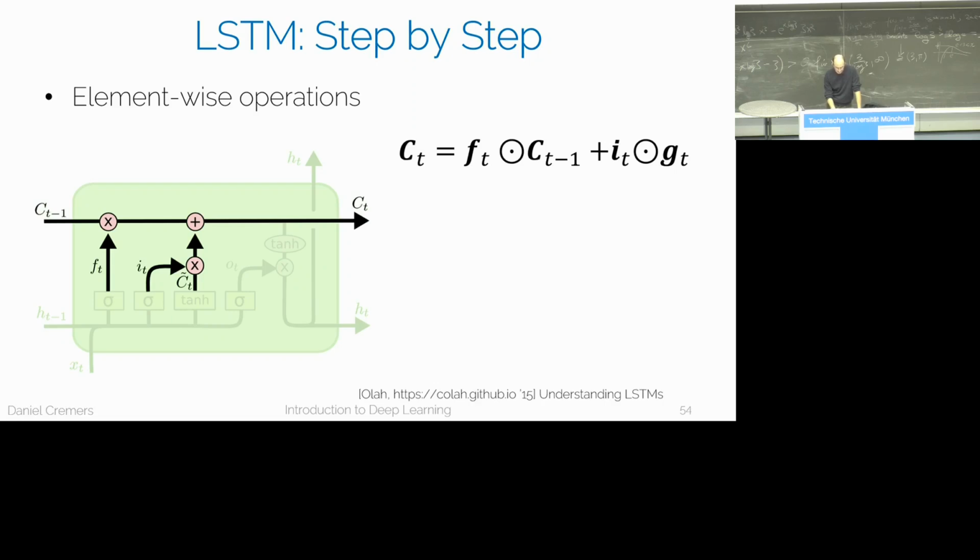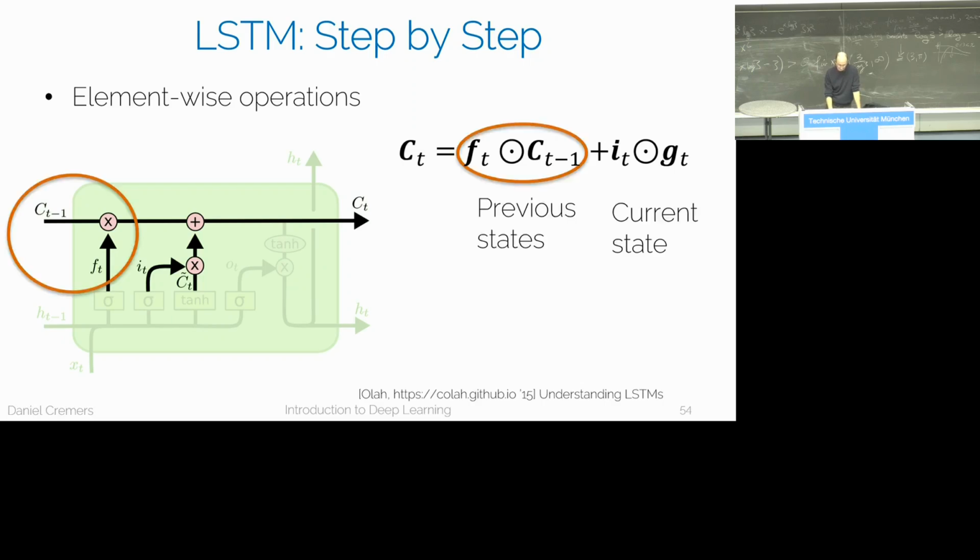If I add information, then I add this, or otherwise I don't. So that's the previous state and that's the current state, and in this way information is merged. I can keep the previous state and add something. I can kill the previous state and add something, and these are the two ways how you can modulate the information stream.